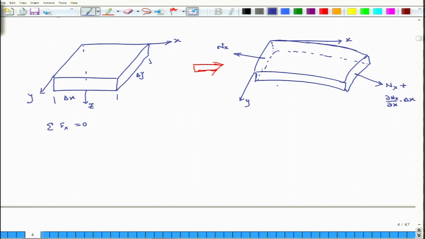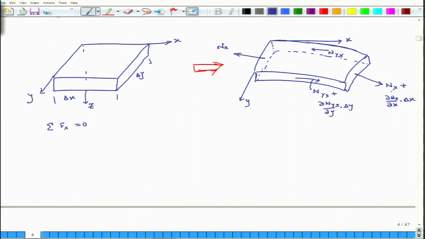Likewise, I can also put on this, this is nyx plus del nyx over del y times delta y, and here it is nyx, right. So, if I have to sum up all the forces in the x direction, that sum of forces should be equal to 0.